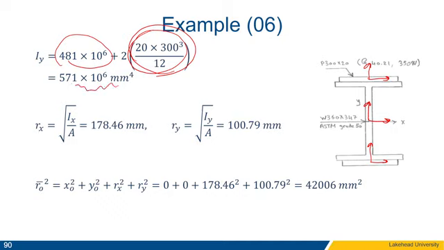Now we have an updated inertia in the y-axis as well, and we can simply evaluate the radius of gyration of the built-up section.